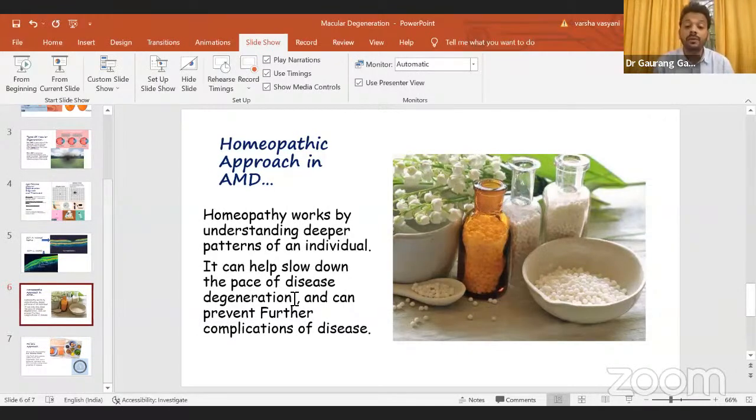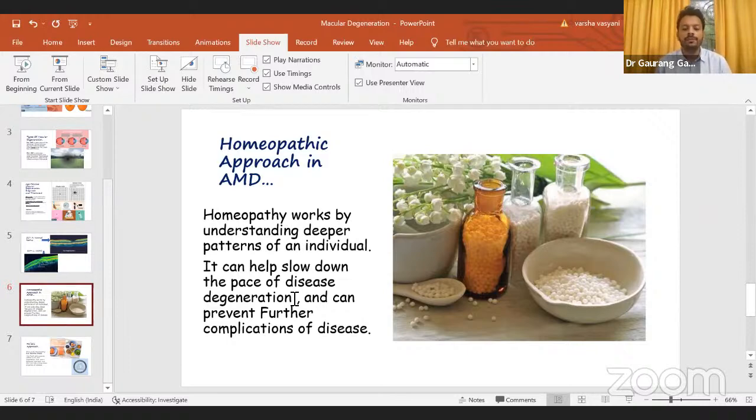And that's where remedies from the 5th row and 6th row of the mineral kingdom, the Argentums, the Strontiums, the Barytas, the Aurum, the Plumbum, the Mercuries, the Thalliums, are an important group of remedies which can help.